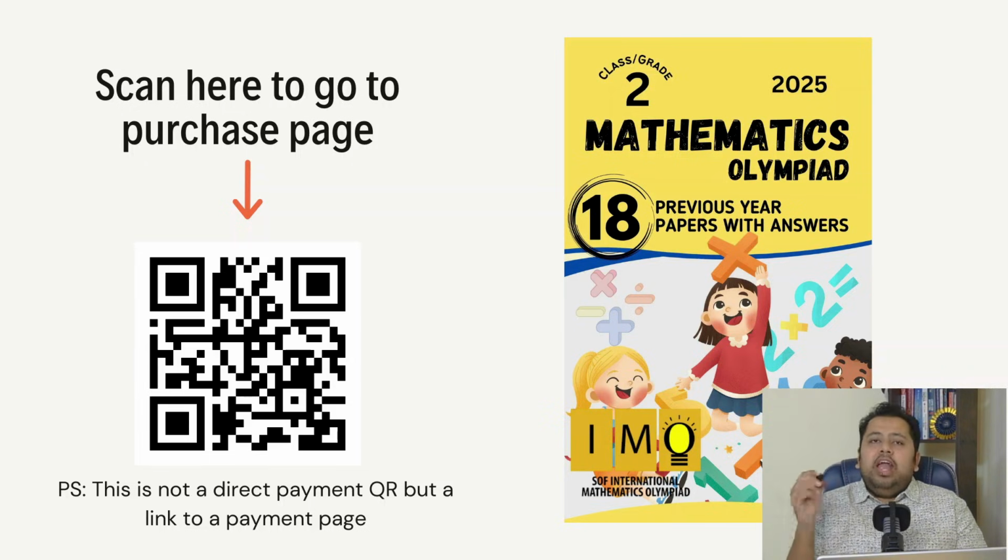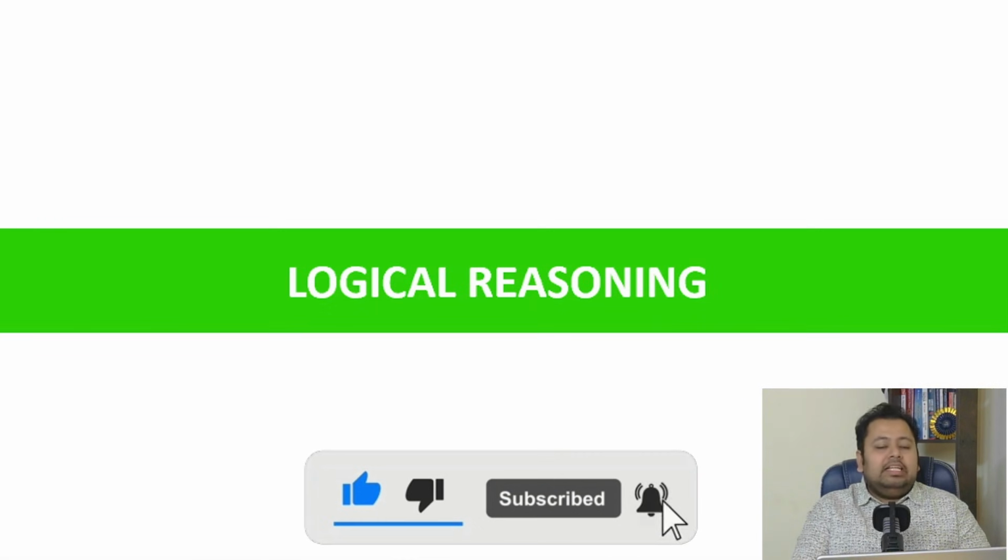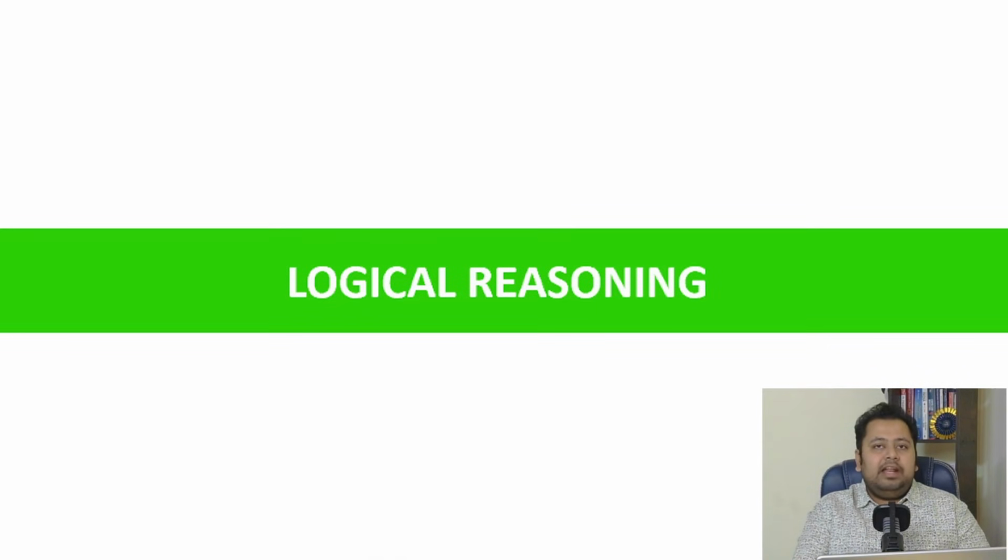Take a paper with you, and for each correct answer, give yourself a star. At the end of the video, just let me know how many stars you got, and I will reply to each and every one of you. This will allow me to understand at what stage of preparation you are in. Let's now straight away get to the logical reasoning section and solve question number 1.